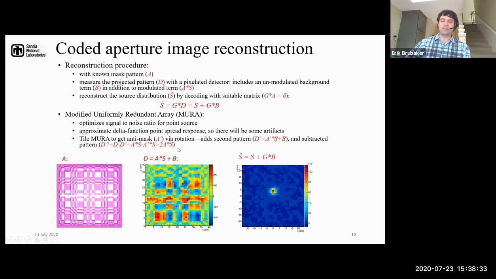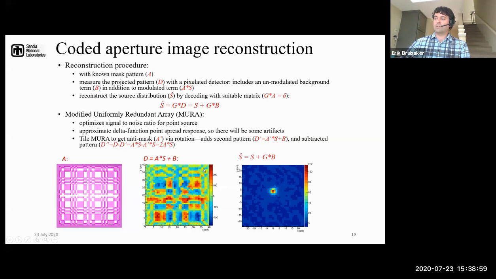Obviously in real life, nothing ever works this perfectly, and you have imperfections in all of the steps here. But in principle, this is how you reconstruct an image using coded aperture. And here's an example, with the detector that I'll introduce in a second, of reconstructing a point source.